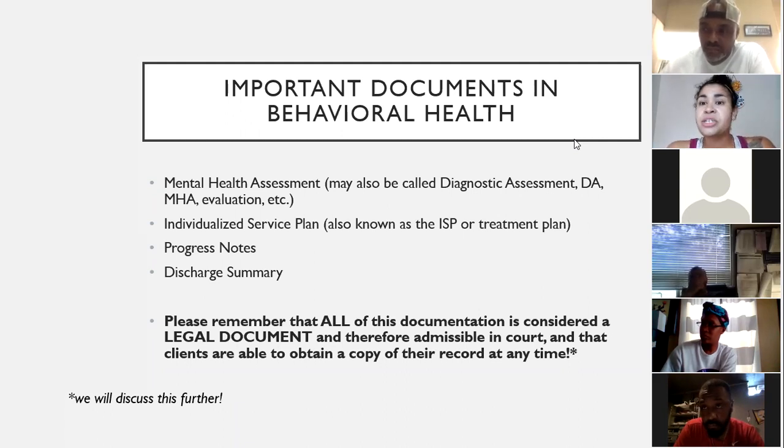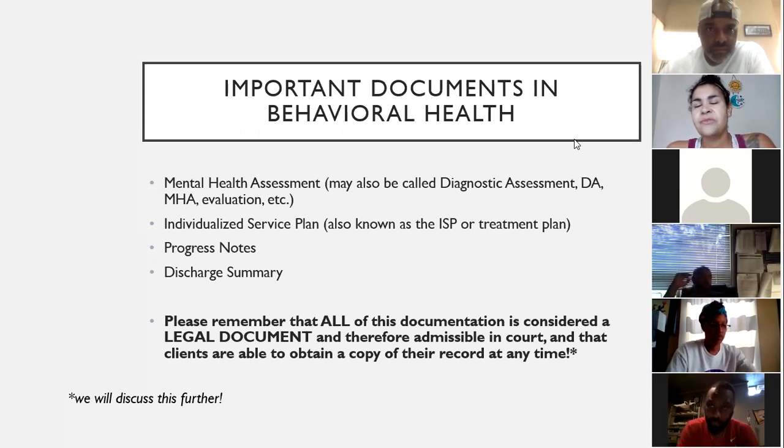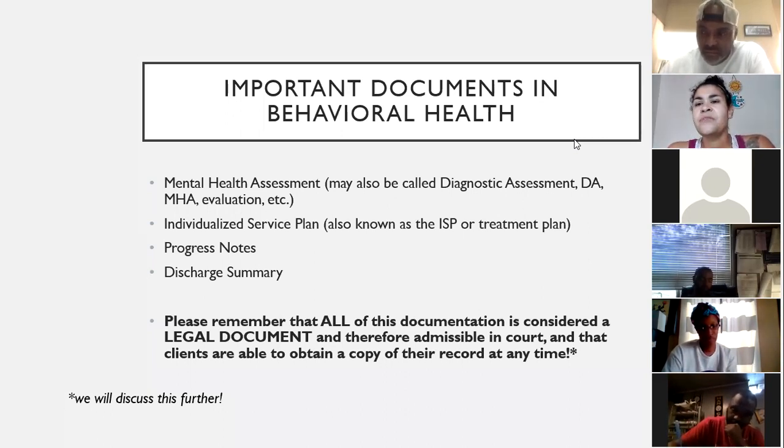And then your discharge summary, which is a general summation of everything the client has done and the services they've received while at the agency. The discharge summary will also always need to include a list of resources that a client can access if they need further services and for some reason don't want to come back to the agency.